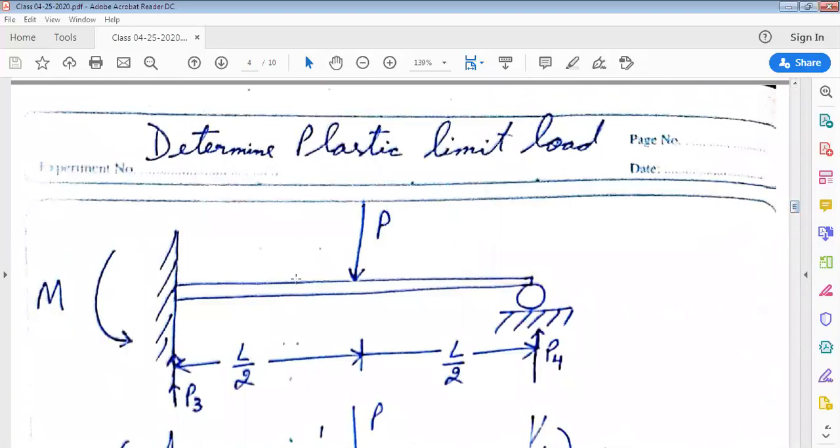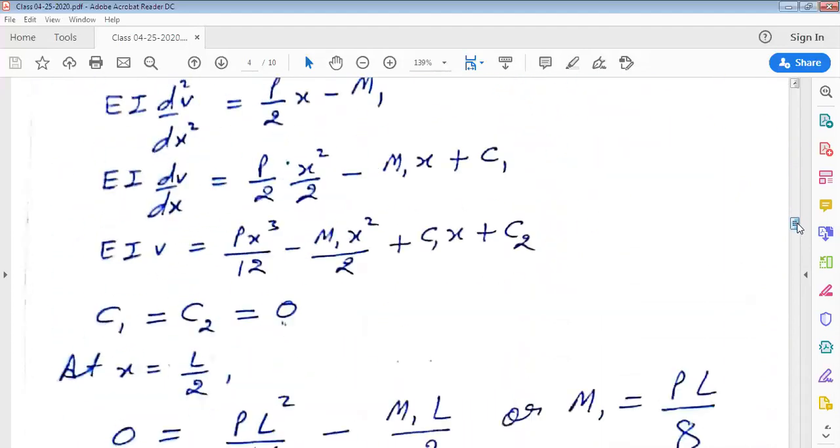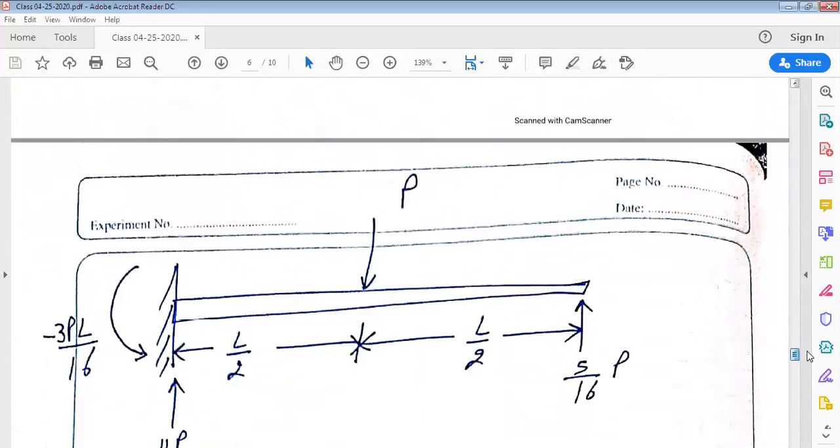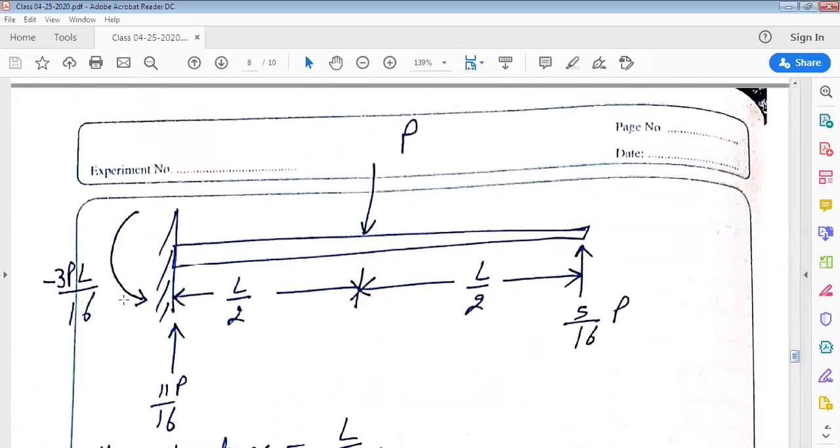This particular configuration we have now completely solved. That means we completely know the value of capital M, we know the value of capital P3, we know the value of capital P4. And the values which we have just derived are: bending moment at the left end is minus 3PL by 16. Reaction at left end is 11P by 16. And reaction at right end is 5 capital P by 16.